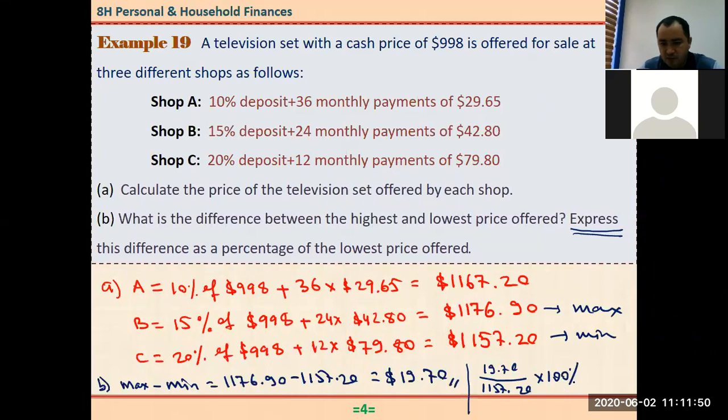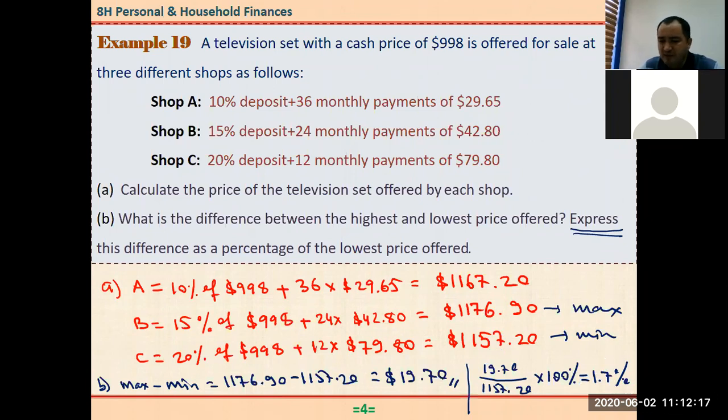So we need to multiply by 100. So that is 1970 divided by 1157.20, which is equal to, correct to one decimal place, 1.7%.